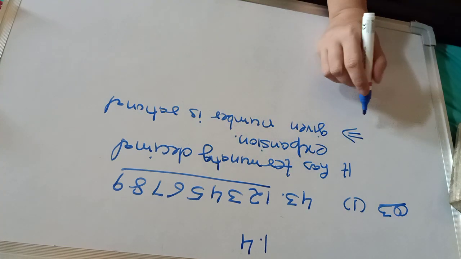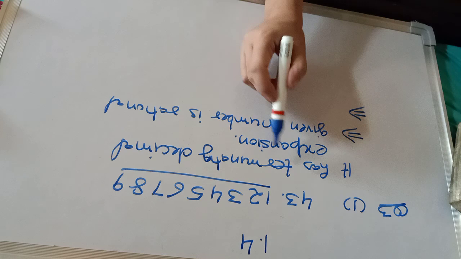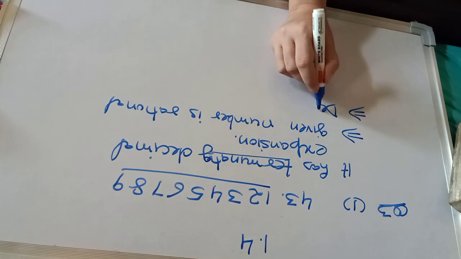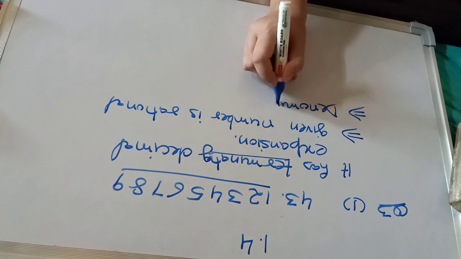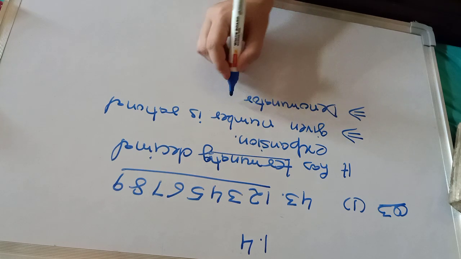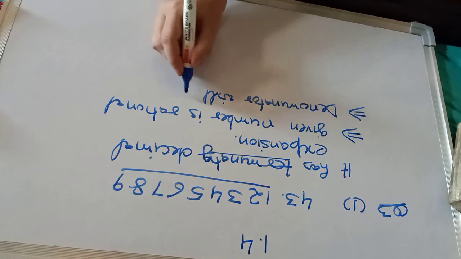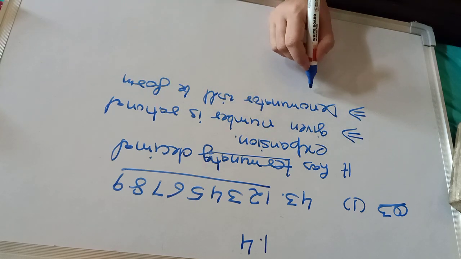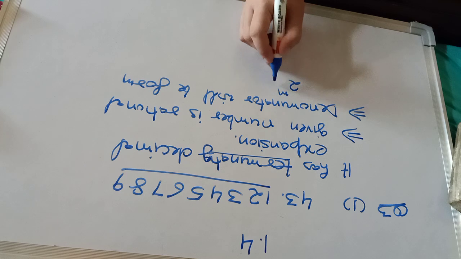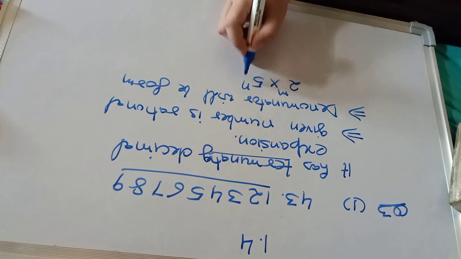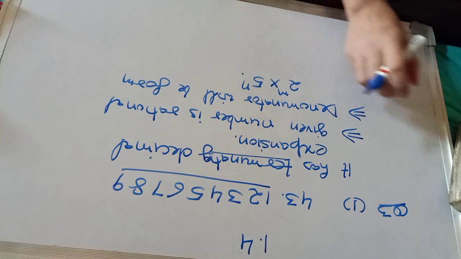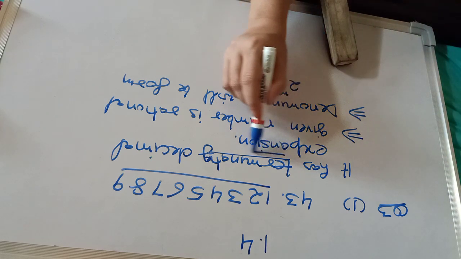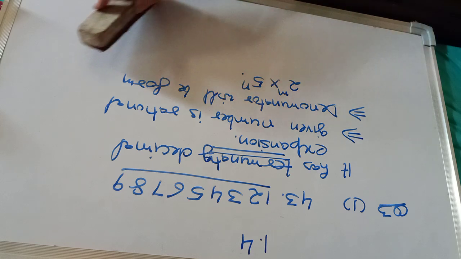And what about the factor of denominator? Obviously, if it has terminating decimal expansion, then denominator will be of form 2 raised to power m into 5 raised to power n, because of its terminating decimal expansion.